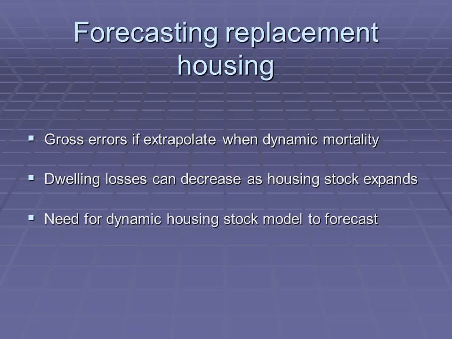This is because dwelling losses over each time interval would not have increased in proportion to the size of the housing stock. Under conditions of dynamic mortality, dwelling losses can actually decrease even though the size of the housing stock continues to increase monotonically. A dynamic stock and flow model of housing is required to forecast the replacement rate of housing in New Zealand.